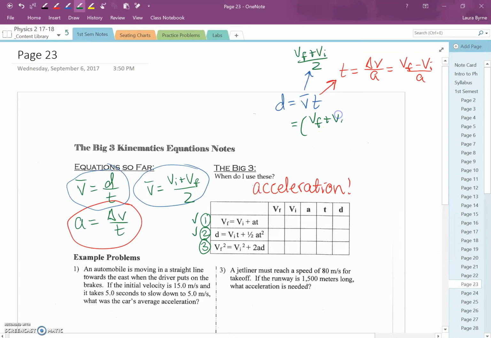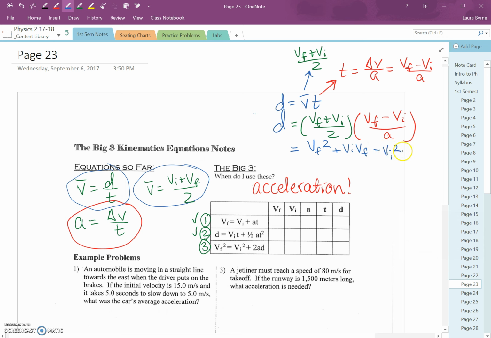So if I plug those two expressions in, Vf plus Vi over 2 times Vf minus Vi over a, I get to do a great thing that you guys probably are learning about in math, which is distribute. It's kind of like foiling, but not really. So we'll take Vf times Vf gives us Vf squared. Vi times Vf gives us Vi times Vf minus Vi squared.